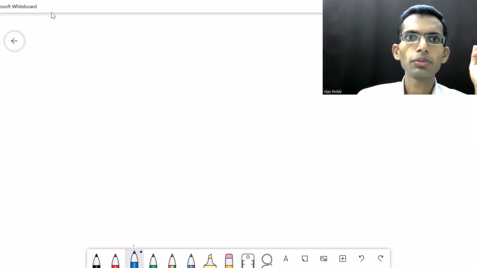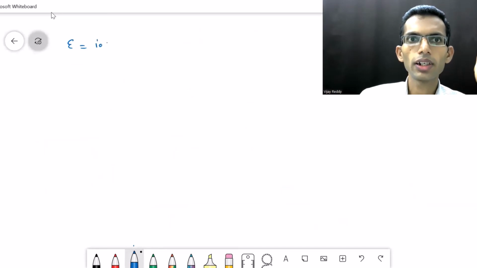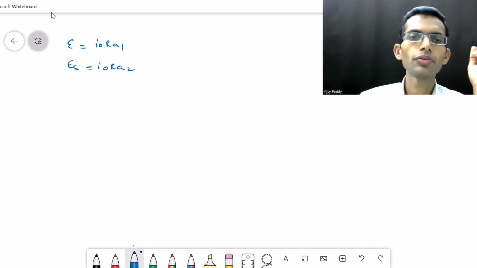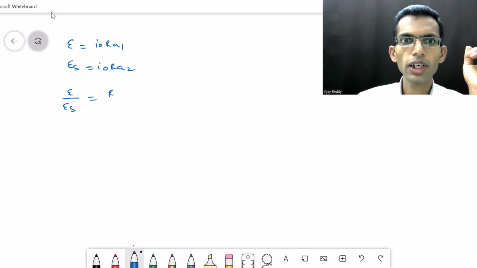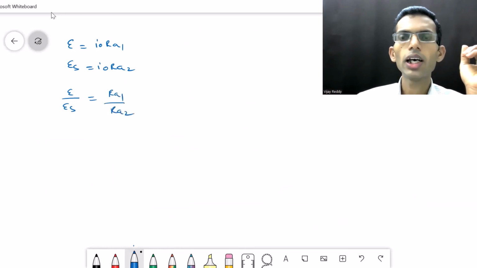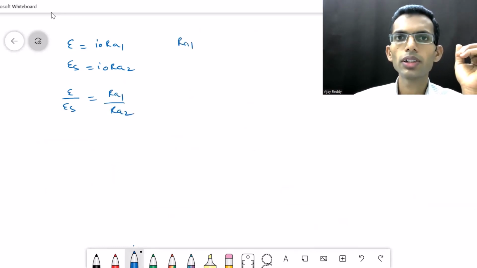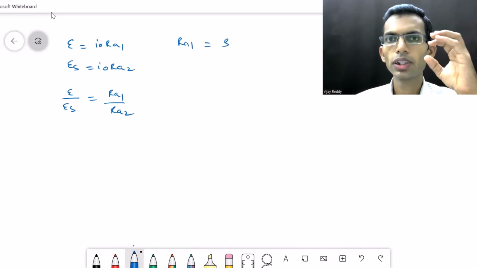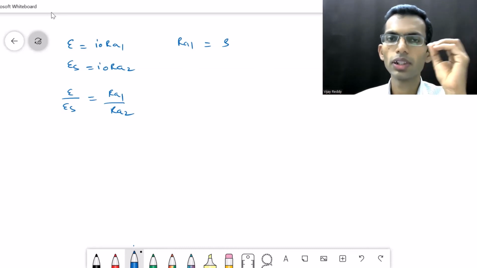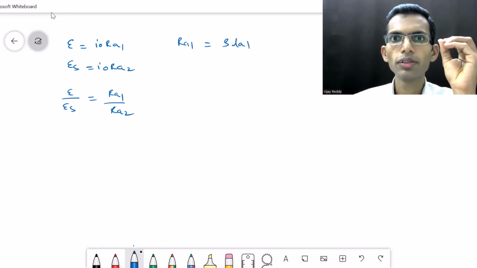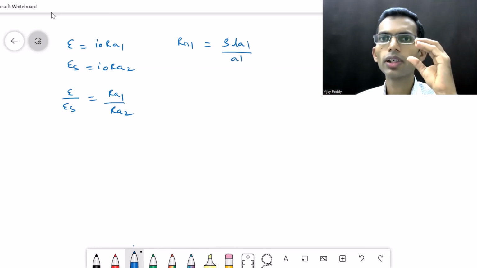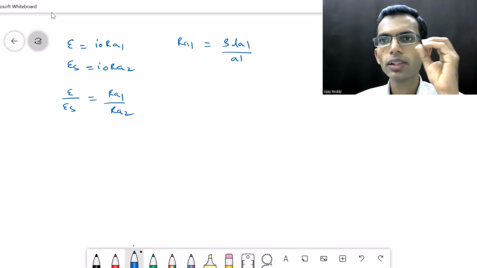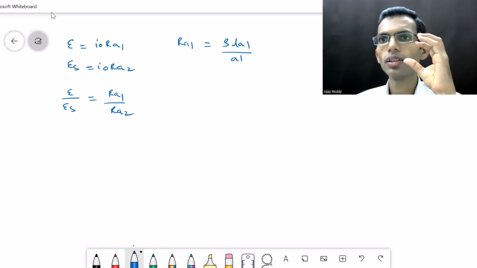So we have got the EMF expressions: E is equal to I naught RA1, ES is equal to I naught RA2. Taking the ratio, E by ES, since I naught is common, we get RA1 by RA2. What is RA1? The resistance of the wire between the junction and moving contact position 1. The resistance of a wire can be obtained by the expression rho LA1 by A dash. Rho is the resistivity of the wire, LA1 is the length of the wire, and A dash is the area of cross section of the wire.